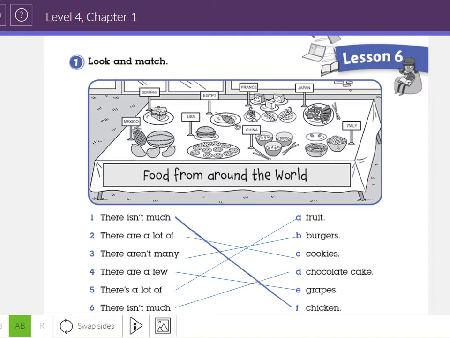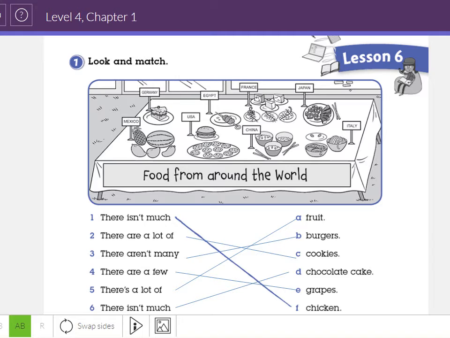Okay, start from number 1. For making this answer, you have to see the pictures on the table, the picture of the things on the table. So let's start from number 1.